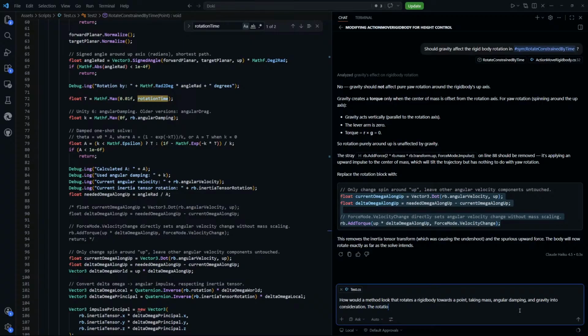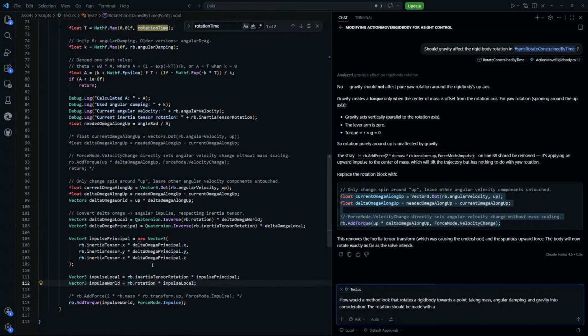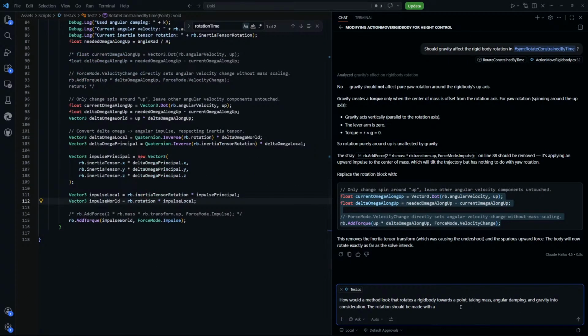The rotation should be made with an add torque call with force mode impulse. So we don't care about time anymore.